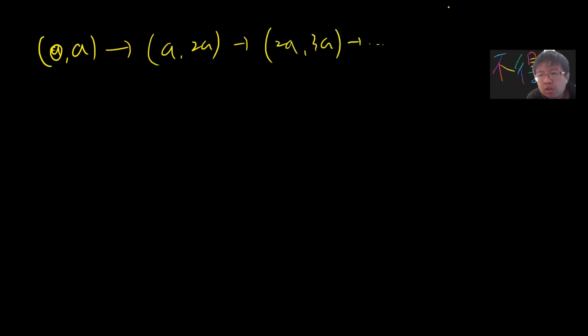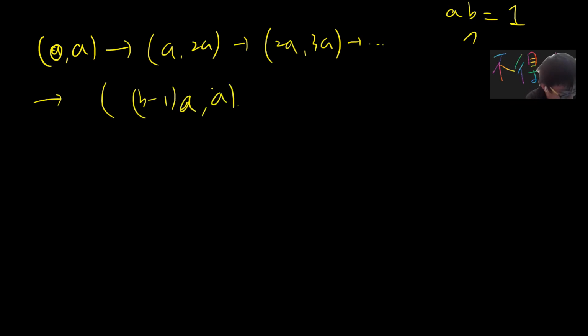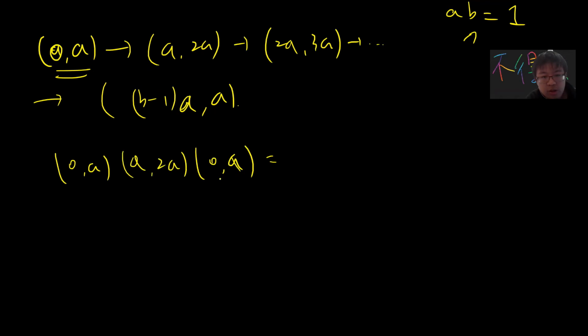And then we know that, because p is prime, for A there is a B such that AB equals 1. So you can get (B minus 1 A) and A. You can start from (0 A), and if somebody gives you (0 A) and (A 2A), you can check that 0 goes to A, goes to 2A, so 0 goes to 2A.